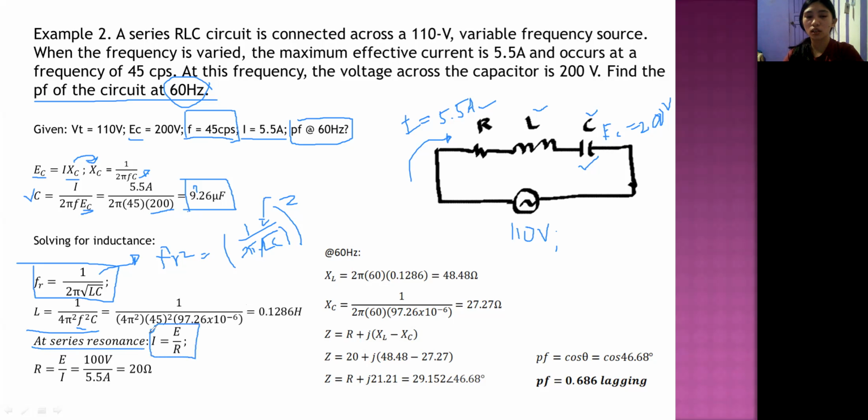we all know that the current is just equal to the voltage over the resistance. So the voltage here we'll be considering is the source voltage. So R is equal to, there's something wrong.